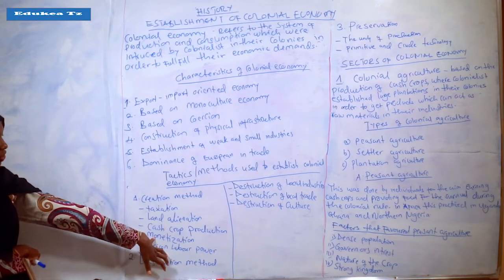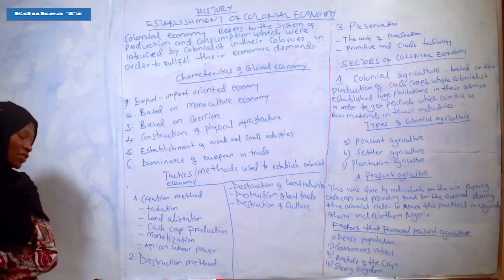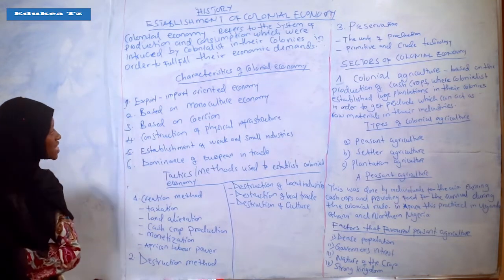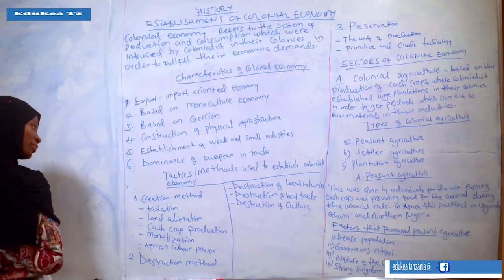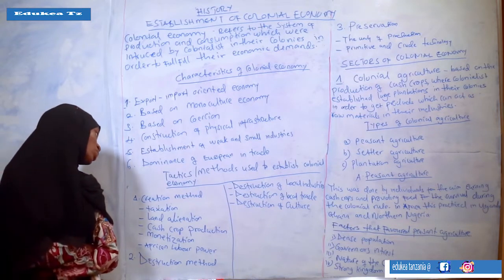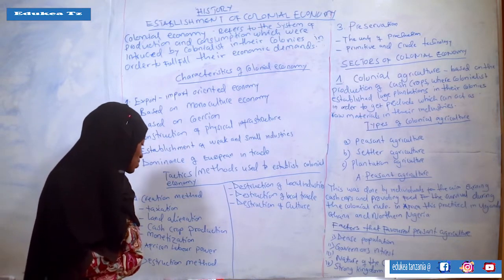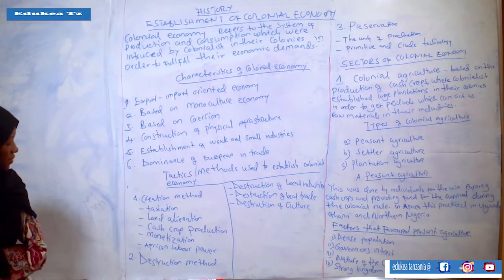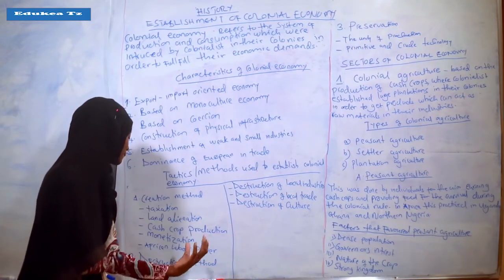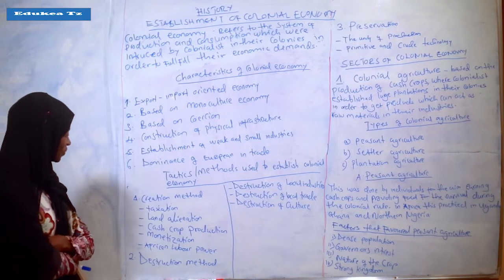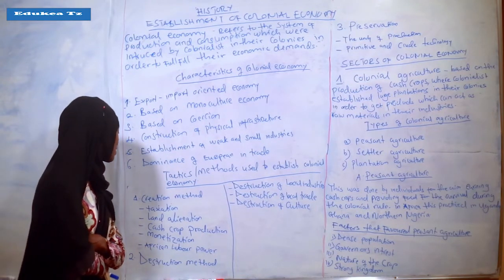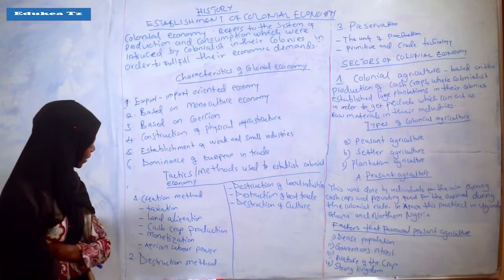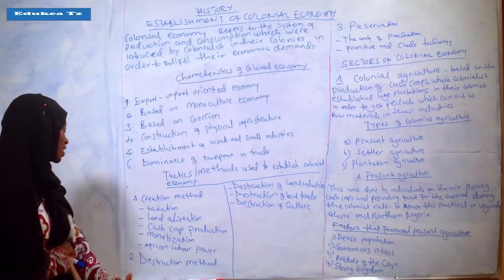Another is the introduction of monetization. Before the coming of Europeans and before establishment of colonial economy, we Africans were not using money. So they came with the money system.